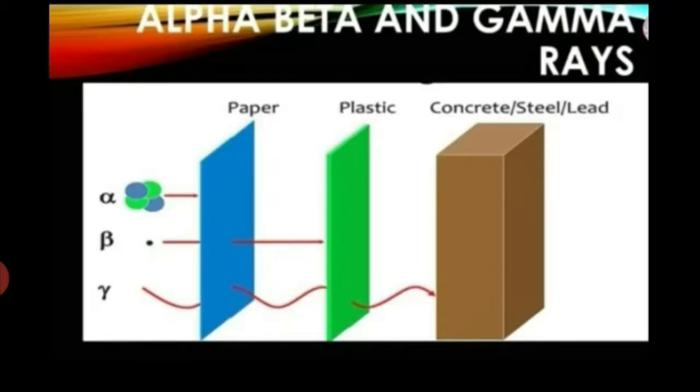Next, see the properties of alpha, beta and gamma rays. Here, the similarities and dissimilarities in the properties of the three particles are listed in this tabular column.